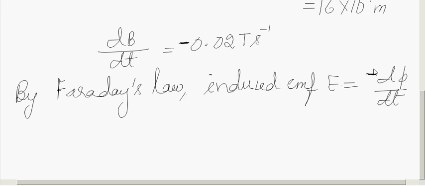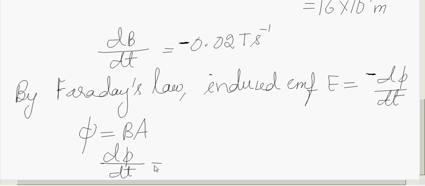This indicates that the induced EMF opposes the very cause producing it. This is Lenz's law. Combining both, E is minus d phi by dt. And what is phi? Phi is B into A. Since the area of the loop is not changing, d phi by dt will be equal to A into dB by dt.